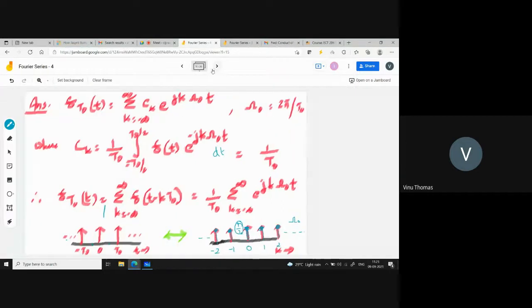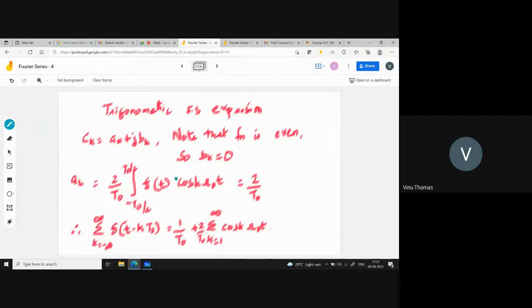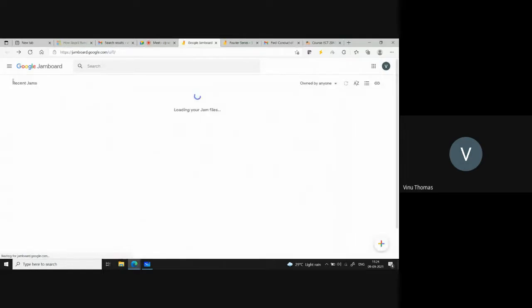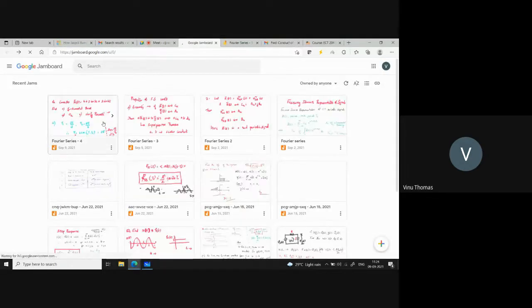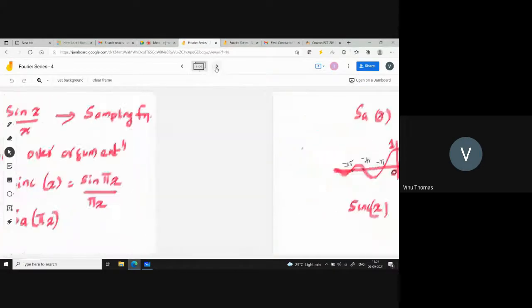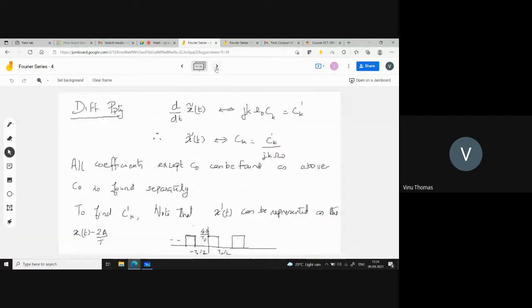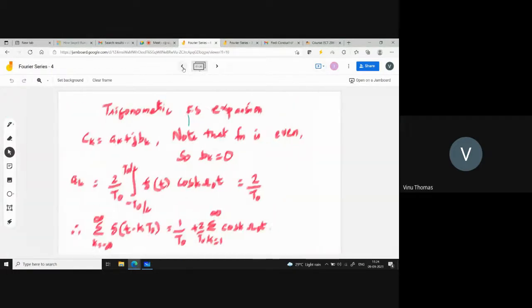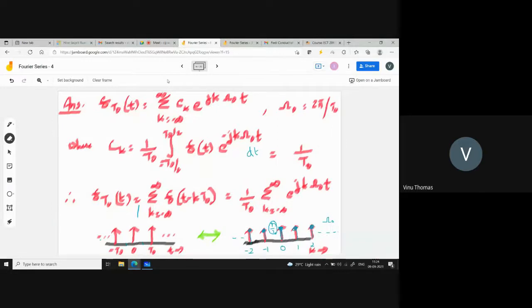Now we will also write the trigonometric Fourier series expansion of the impulse train we just saw. So the trigonometric Fourier series you can write as Ck is equal to Ak plus jBk. And you see that the function that you have here is an even function, right? Because our impulse train is an even function.